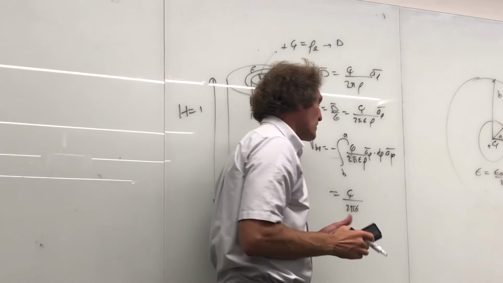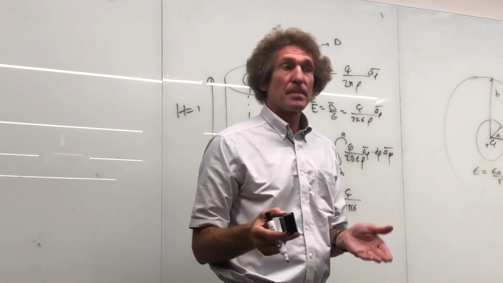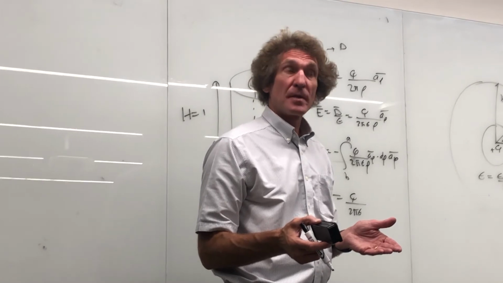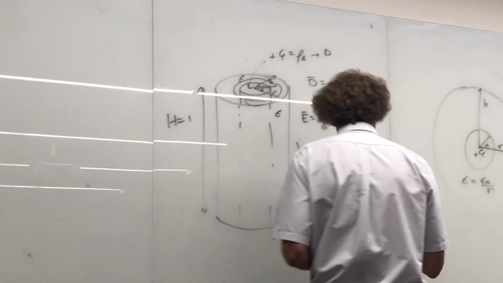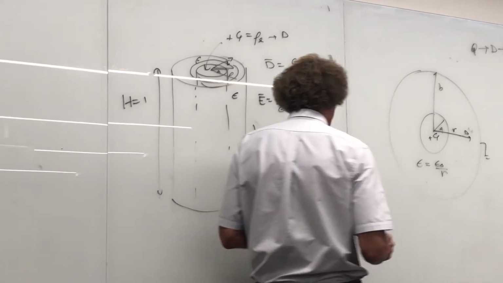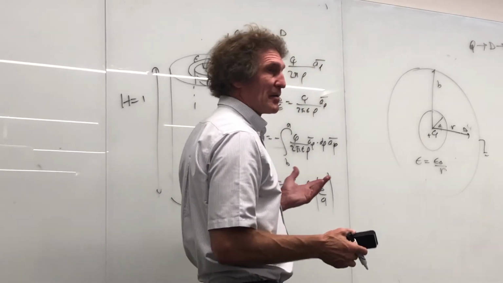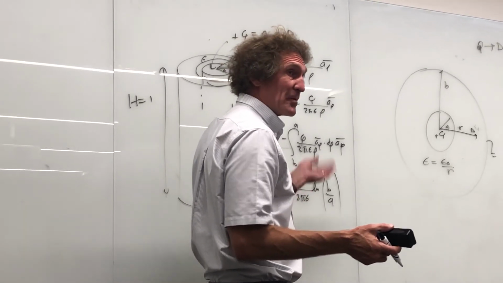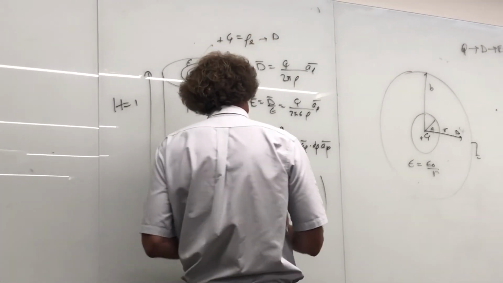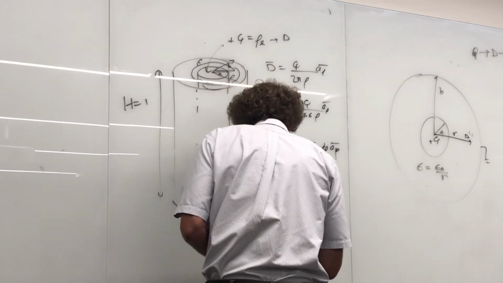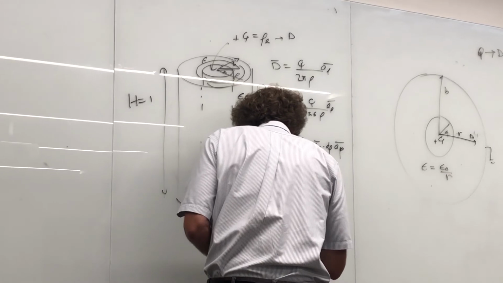When you take the integral of 1 over rho d rho, what's the integral of 1 over x dx? Natural log. So it's the natural log of b over a. Now, if you have a over b, it would be a negative value, so just take the magnitude, or invert it, and put b over a. And that's V_BA. So finally, how do I get the capacitance per unit length?